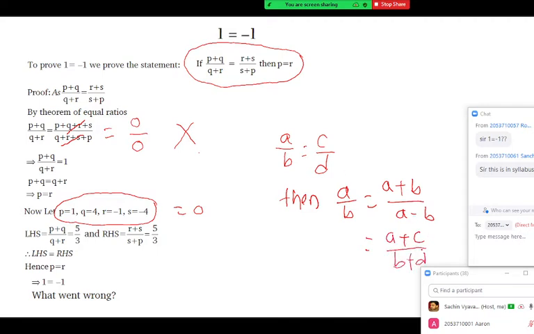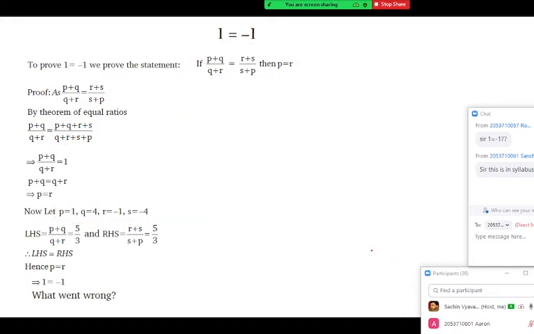But this is only when, suppose A plus C is 0. If A plus C is coming 0, B plus D should be 0. Or if B plus D is 0, if the denominator is 0, the numerator should be 0. I will write it again because this is the important statement that we are going to use now.